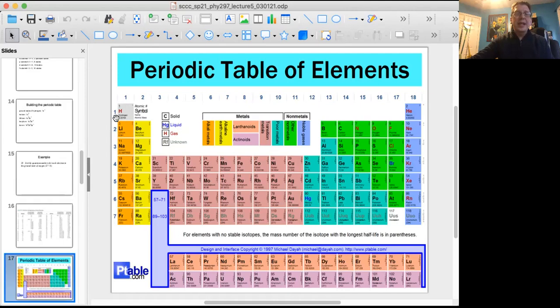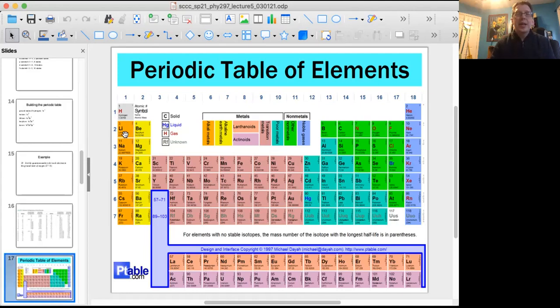So you start with hydrogen, and then you get what are called the alkali metals and the alkaline metals, which correspond to one extra electron in a new s subshell. So lithium, Na is sodium, K is potassium, Rb is rubidium, and so on.